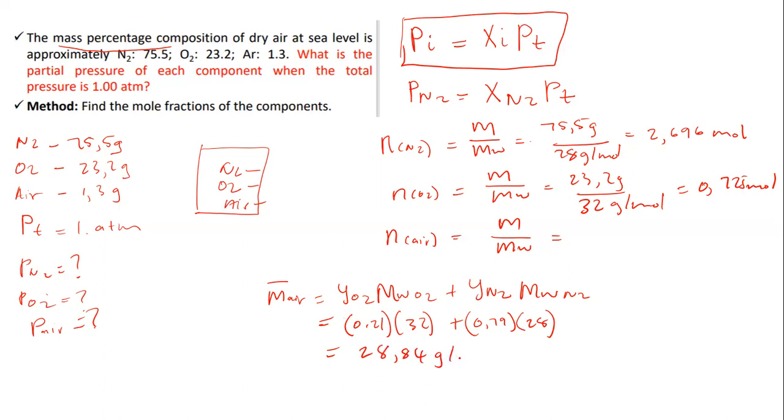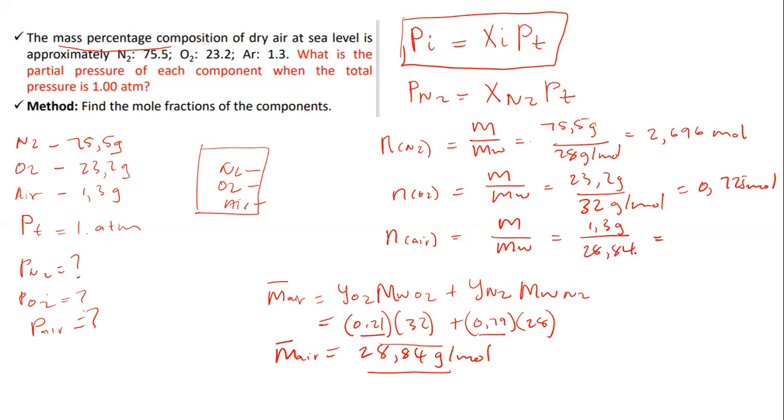28.84 grams per mole. So this is the average molar weight of air, okay? If you forgot that it is 28.84, perform your calculations quickly, because I know you can't forget the mole fraction for oxygen and for nitrogen. You can't forget those two. So that means our moles of air is given by 1.3 grams divided by the molar weight, 28.84 grams per mole.